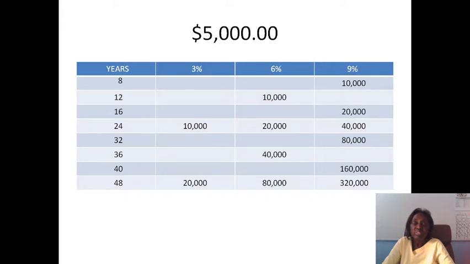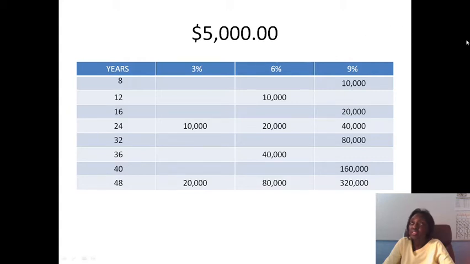You say, oh, that's pretty good. I got a lot of time. So now let's take a look at the next example, which is 6%. All right? So here's 6%, and 72 divided by 6 is 12 years, right? So that means the 5,000 now, because it's at 6%, will double every 12 years.